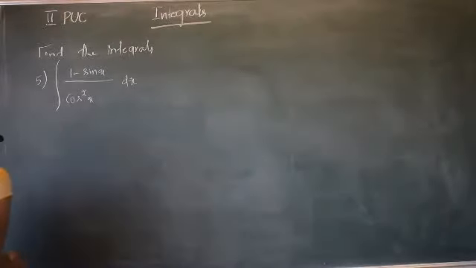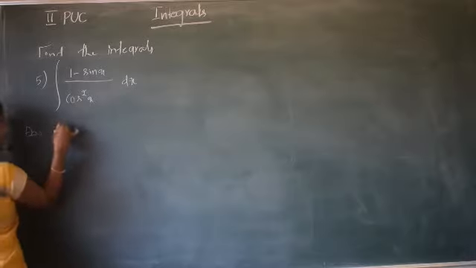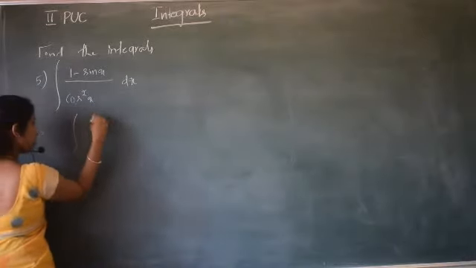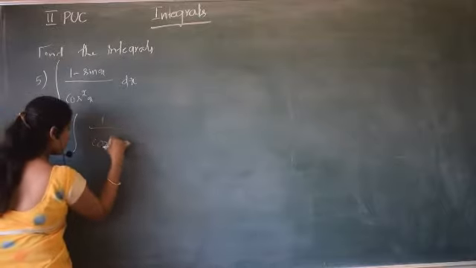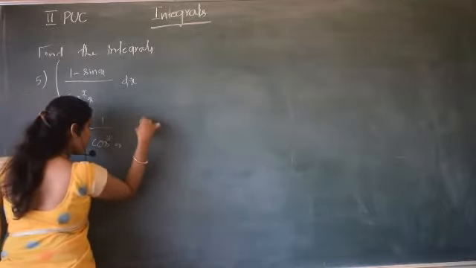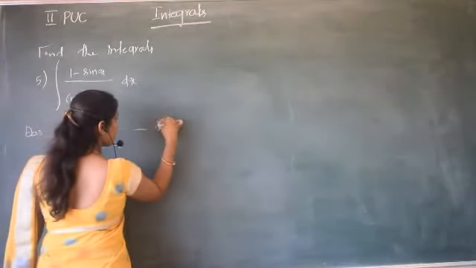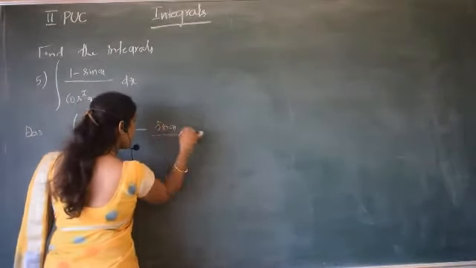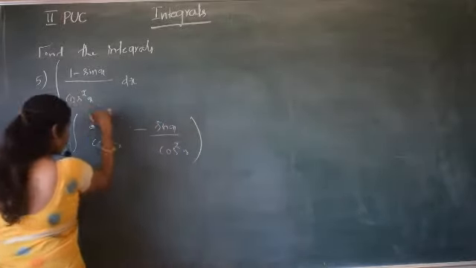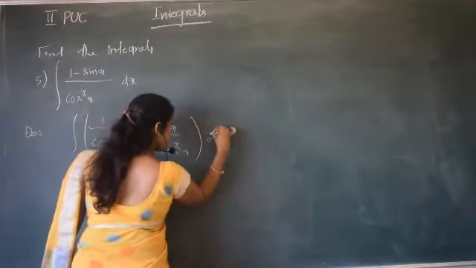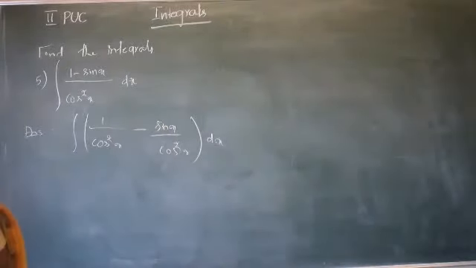So this will be equal to the integral of 1 by cos square x minus sin x by cos square x dx.